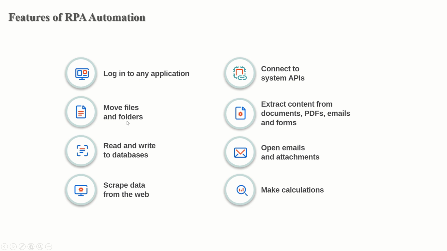Suppose you have some folders, inside that folder you have some files. You can loop through all the folders, take the files and move those particular files to another folder, and you can move those files to the FTP, file transfer protocol.